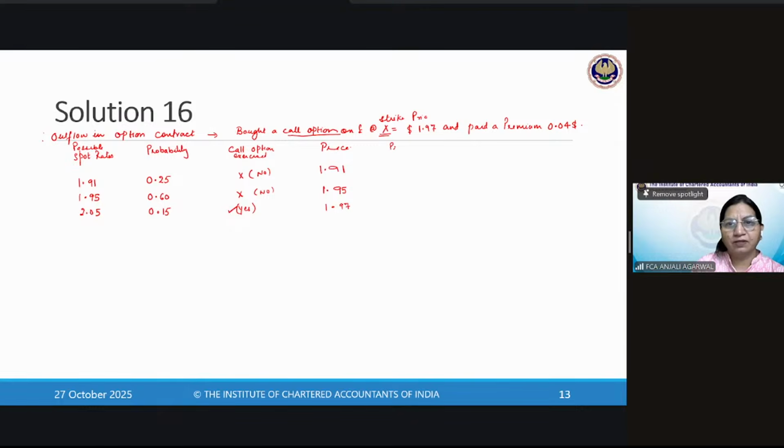But we have also paid a premium of some amount. What is the premium? $0.04. Premium is also in dollars, 0.04. Premium will remain the same irrespective of whether the call is exercised or not. So net, it will cost us 1.95 here, 1.99 and 2.01.